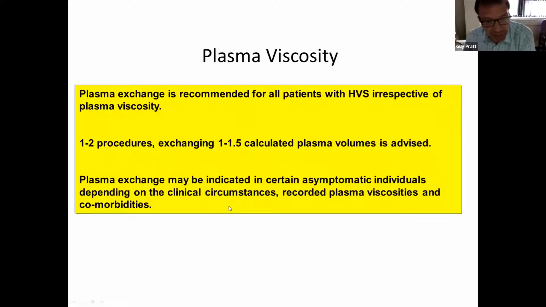And then things like complications of plasma exchange, when you should do that, how many procedures and what volume of plasma you should exchange. Again, fairly straightforward.